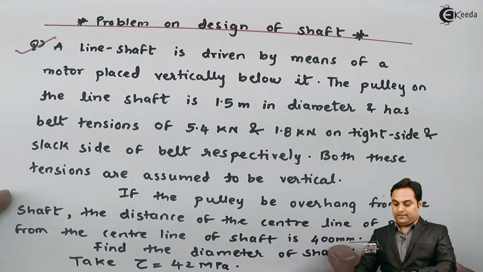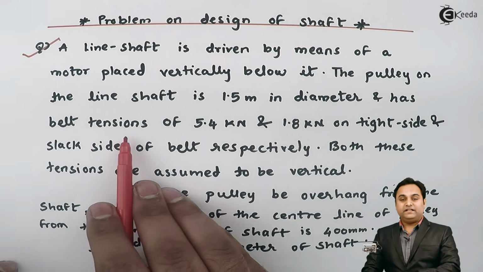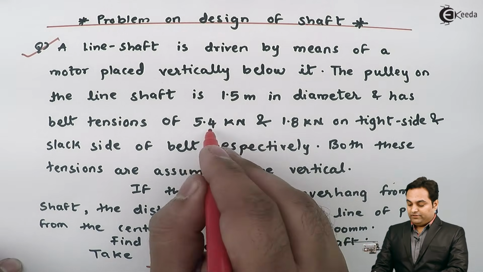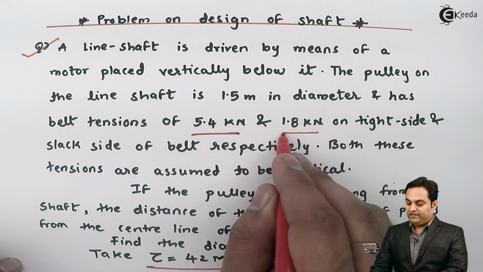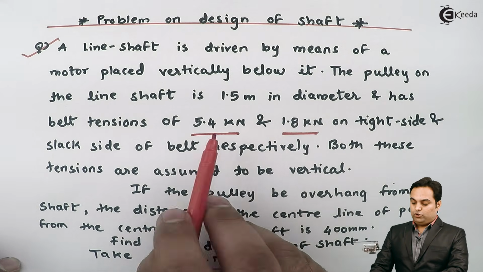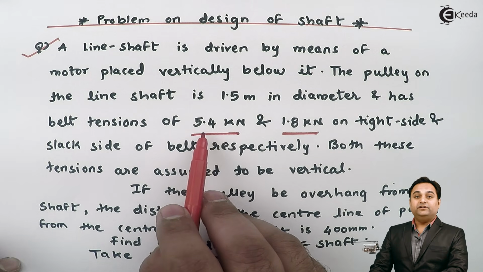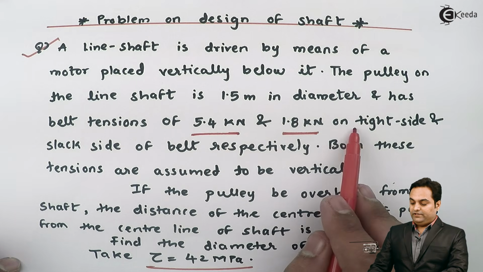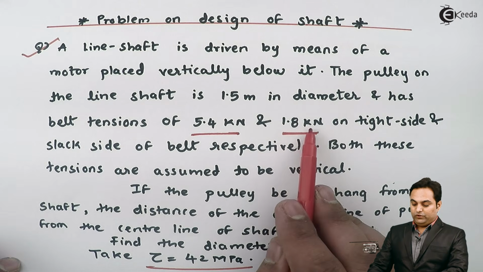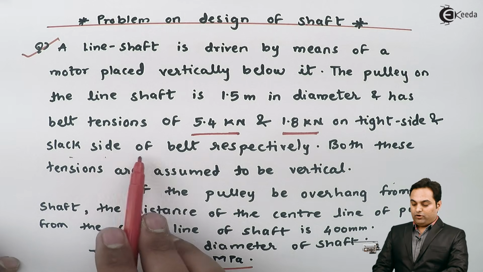Next, and has belt tensions. Here we have to remember, see both the values. This one is greater, that is 5.4, and here the value is less, that is 1.8. So always the greater value will be the tension in tight side. It is given that 5.4 kilonewton it is on tight side, 1.8 kilonewton it is on slack side of the belt.